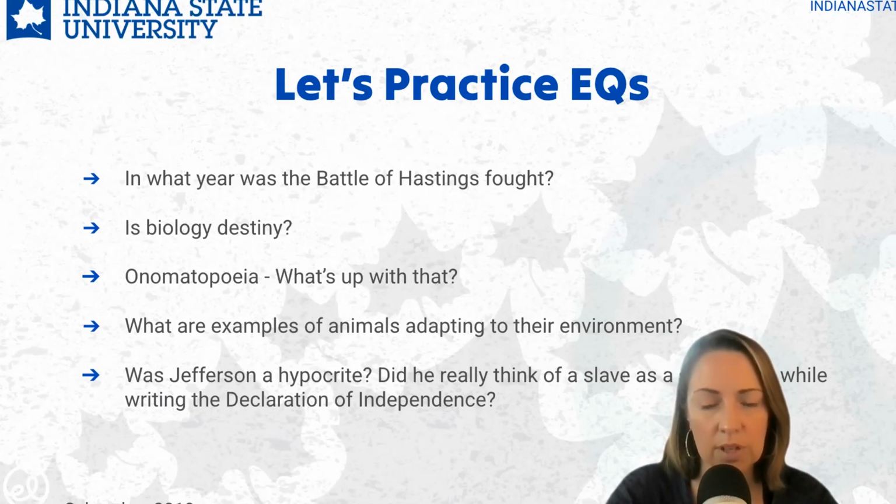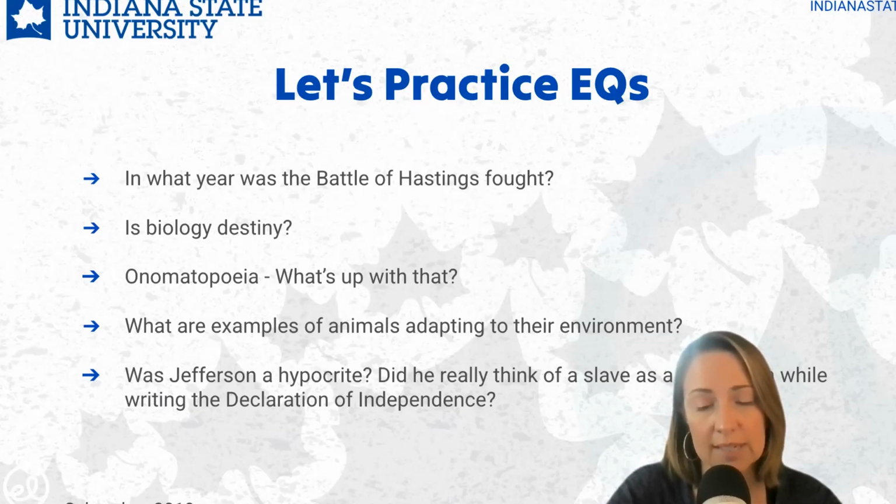What are examples of animals adapting to their environment? This one can toe the line based on intent. So if my intent for students is to give me specific examples of the animals that we've been learning in class, there is a right answer that we've studied and that I'm looking for, then that would be a content question. If I'm providing more of an open space for dialogue and thought and to bring in different factors from different texts of literature that we've read, then this could be considered a more open-ended question.